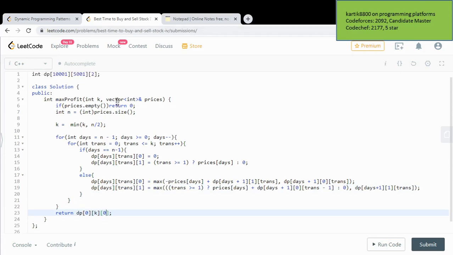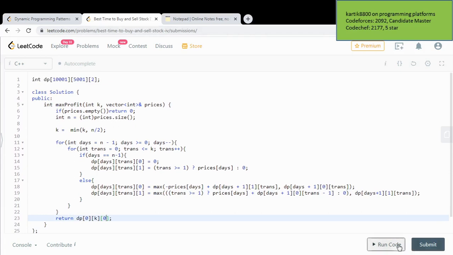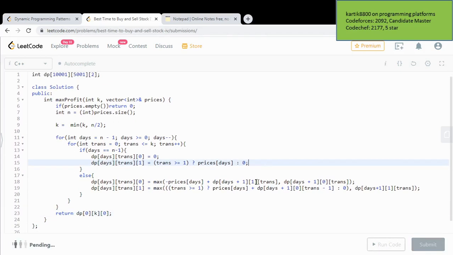I simply interchange the dimensions. Oh wait, this would not work. There are a lot more dimensions to change. Cool, I think I changed all the dimensions now.